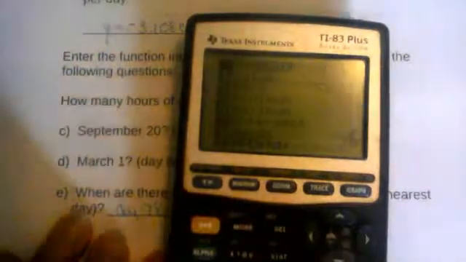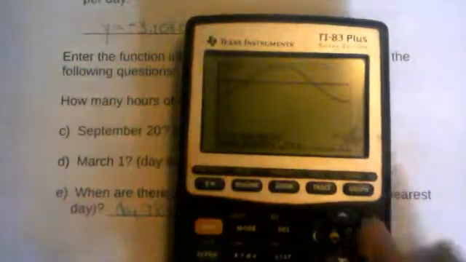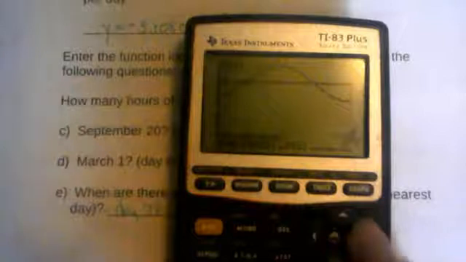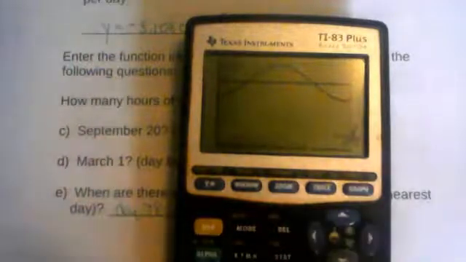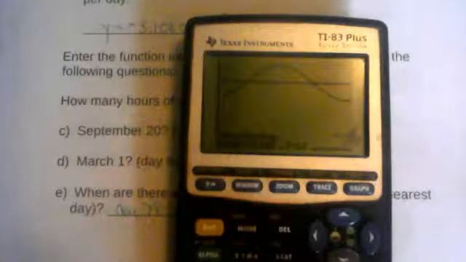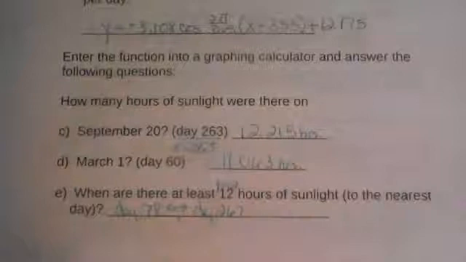And the other intersection is 267, so day 267. So between day 78 and day 267 of the year, there are at least 12 hours of sunlight.